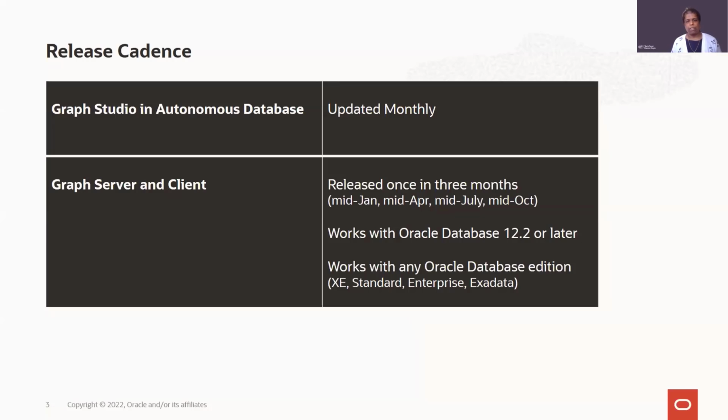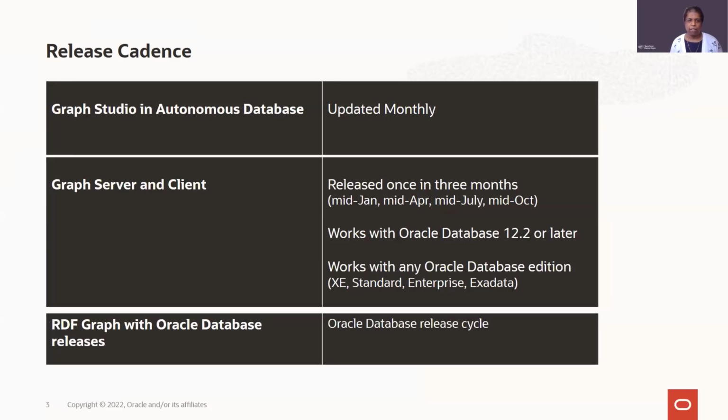So we have four releases in a year. And I want to emphasize once again that it works with Oracle Database 12.2 or later and works with any database edition. So the new features that I'm going to talk about today are what happened in the last couple of releases of Graph Server and Client. And again, they work with any database 12.2 or later.